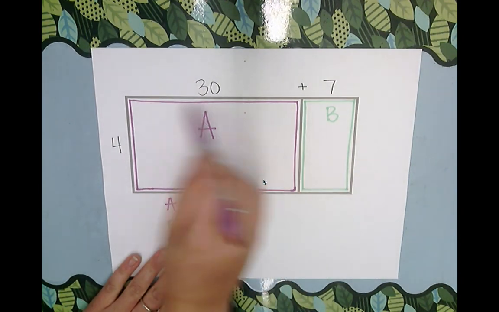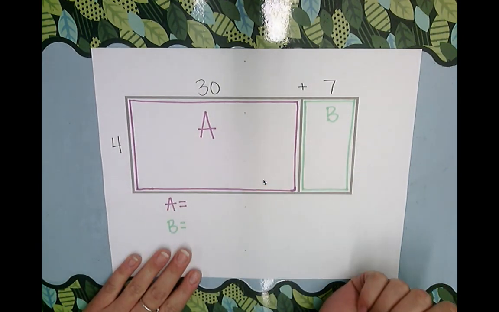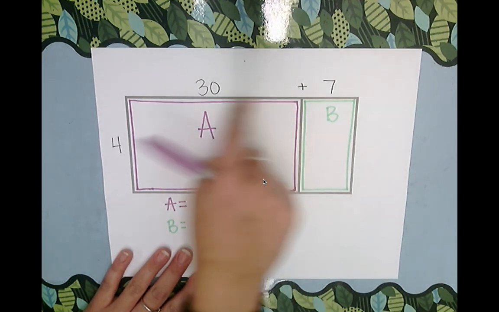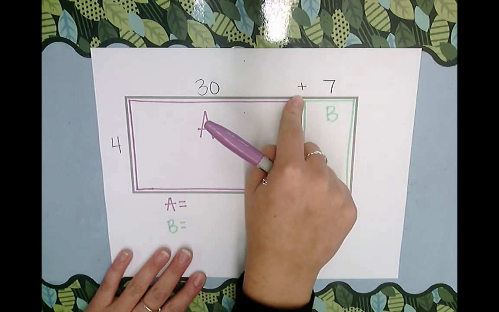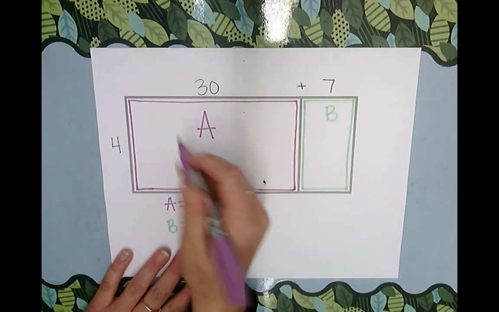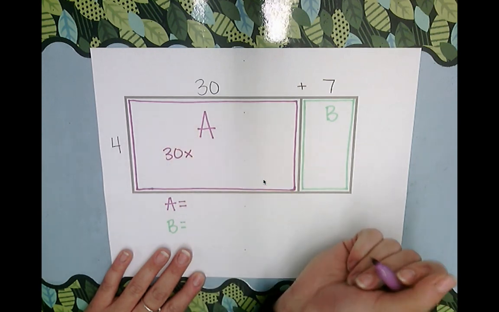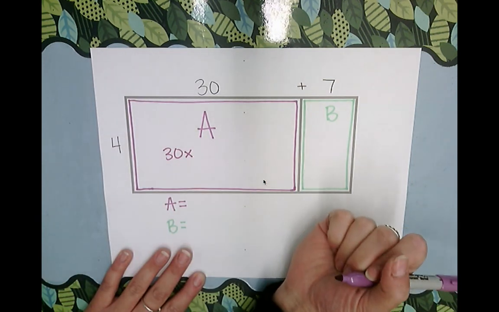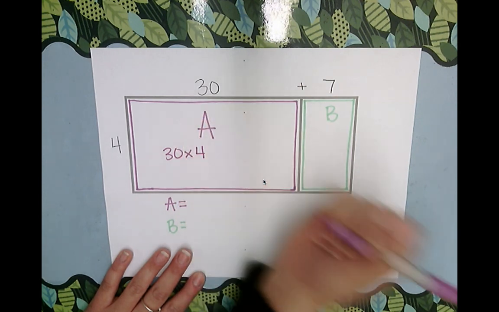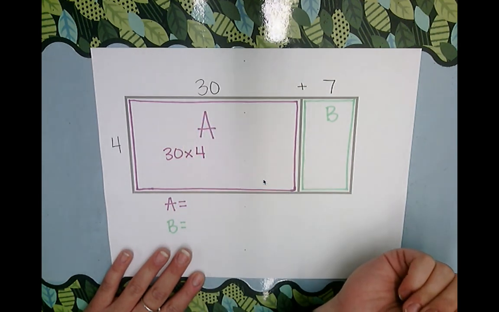What two numbers can we multiply to figure out the area of this A section? If you're not sure, look for the numbers that touch the A box. Across the top of the A box, I see a 30. And across the side of the A box, I see a 4. So 30 times 4.